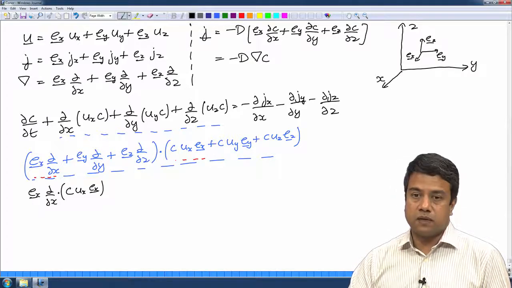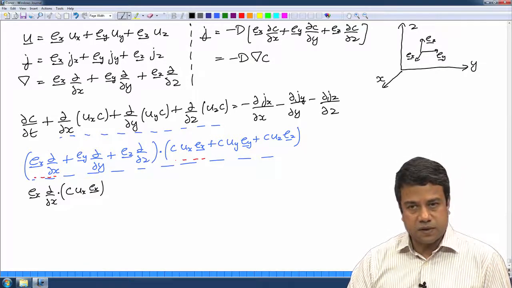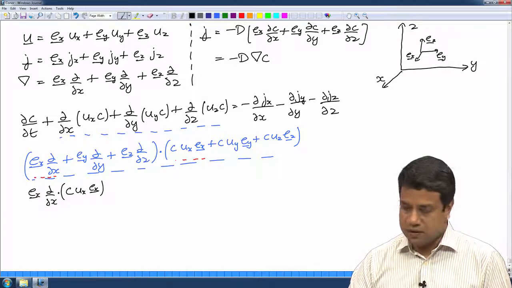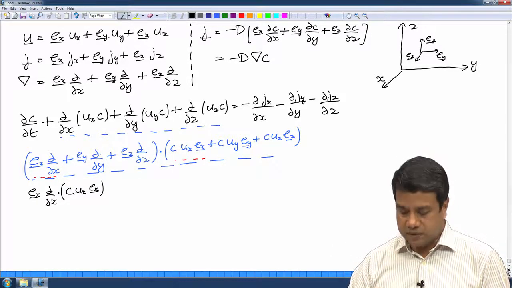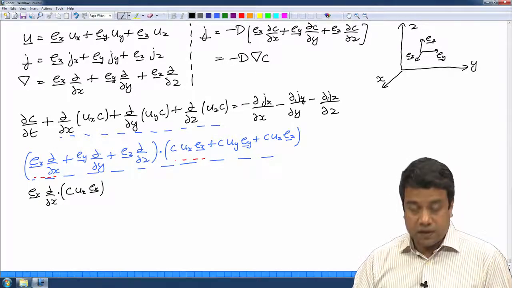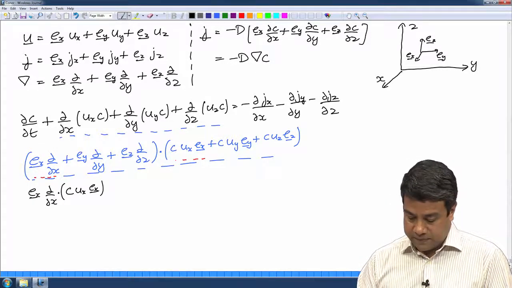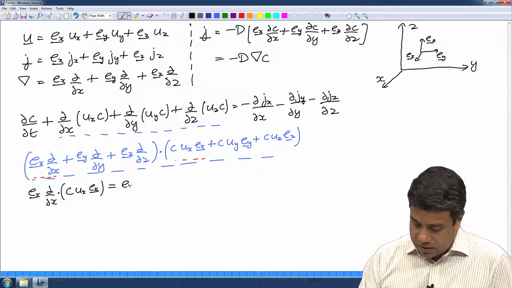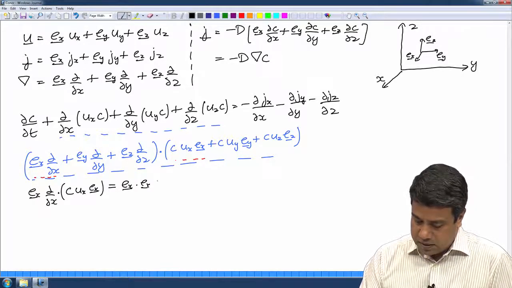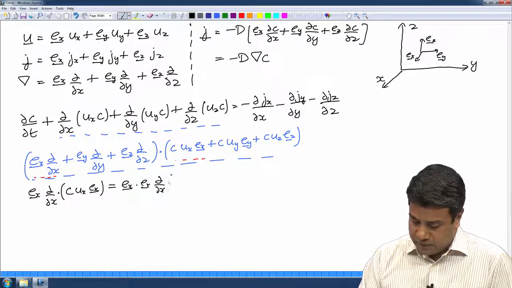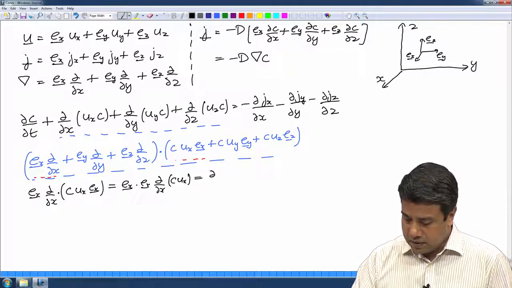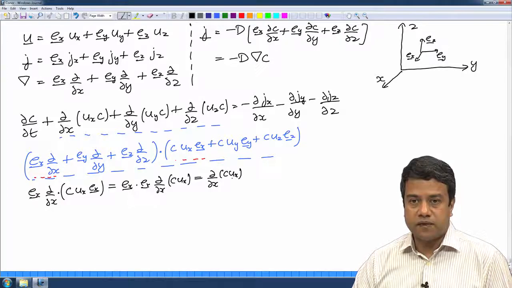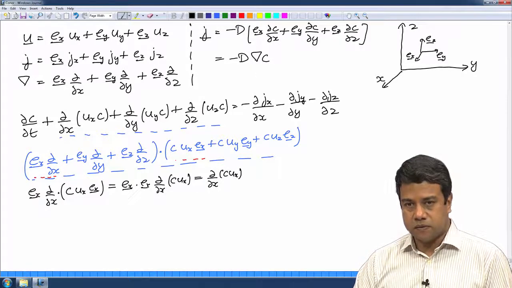That is not true in curvilinear coordinate systems, as we shall see a little later. In the Cartesian coordinate system, the unit vectors are independent of position. So, I can take the unit vector out of the differentiation. So, I will get Ex dot Ex d by dx of Cux, just equal to d by dx of Cux, because a unit vector dotted with itself gives you 1.